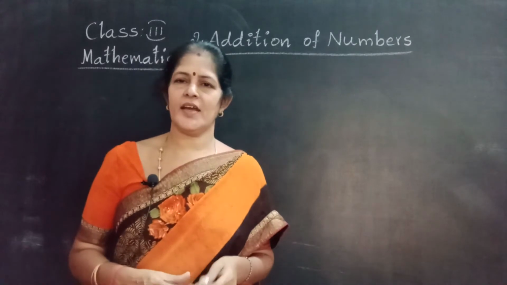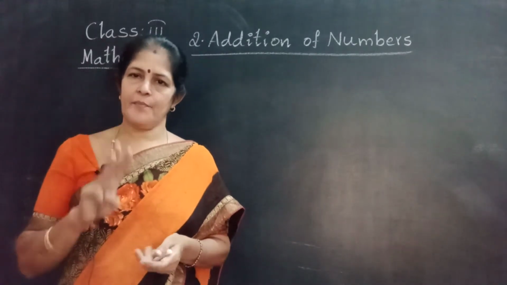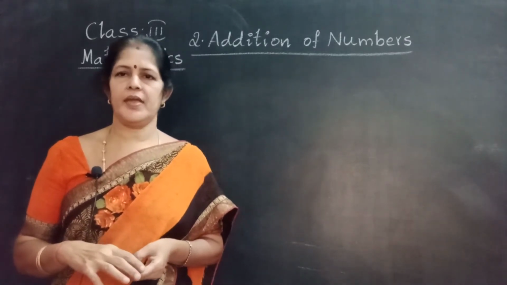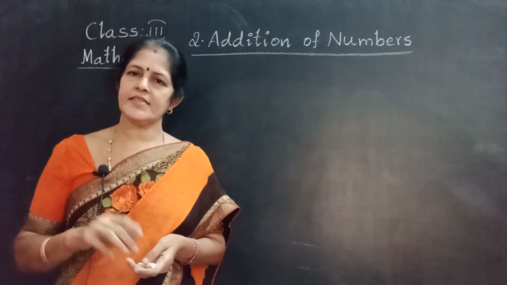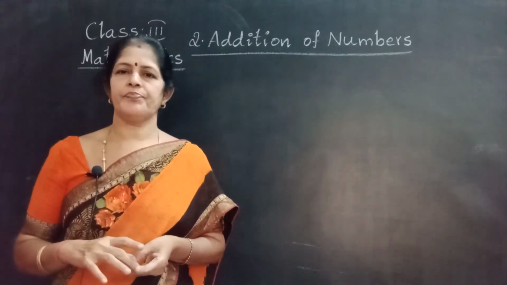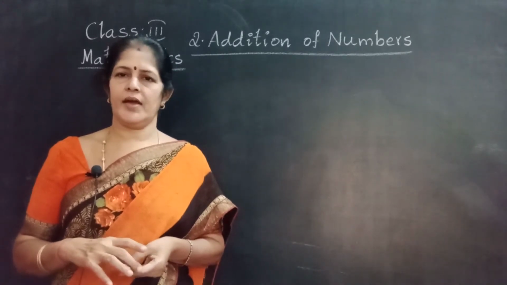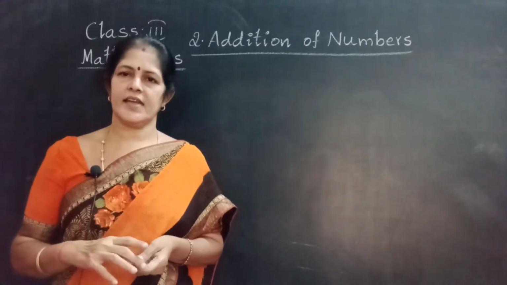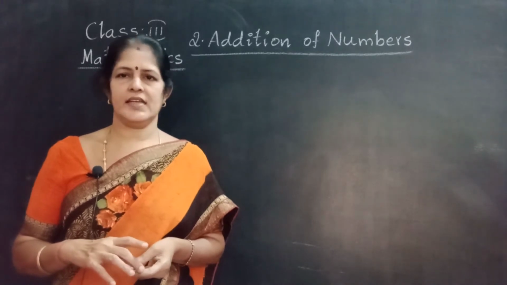In this chapter, already you learned adding 3-digit numbers without regrouping, with regrouping. 100 is the first 3-digit number. 999 is the last 3-digit number, and 100 is the smallest 3-digit number. 999 is the greatest 3-digit number.